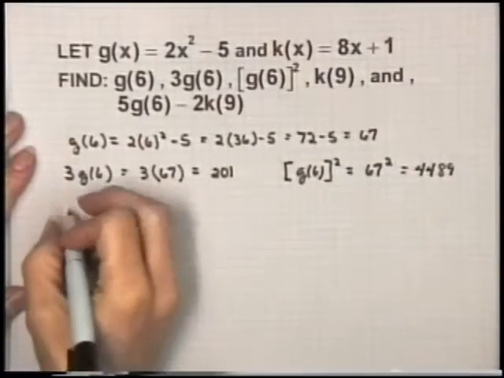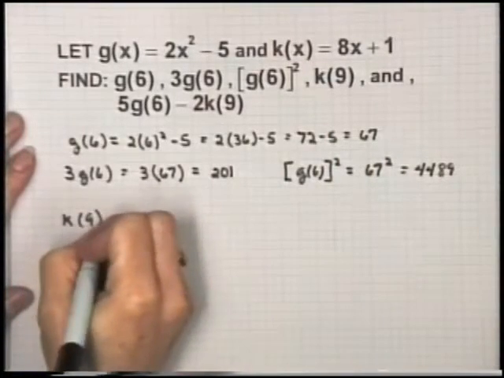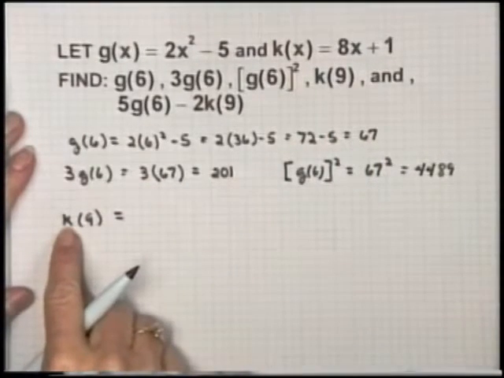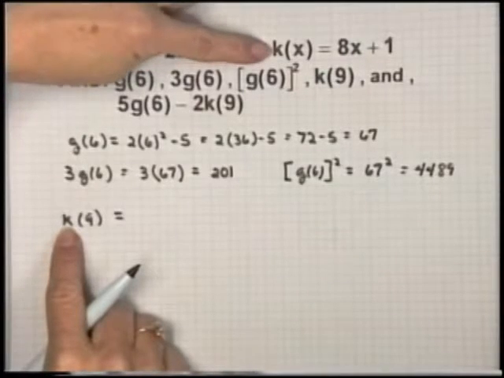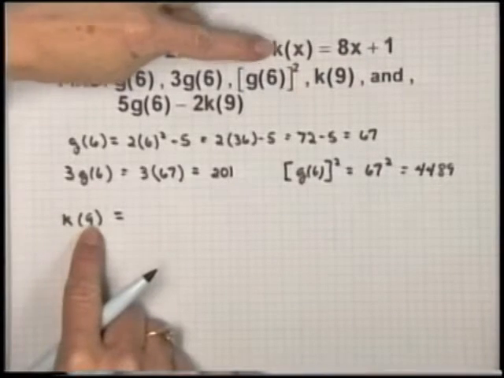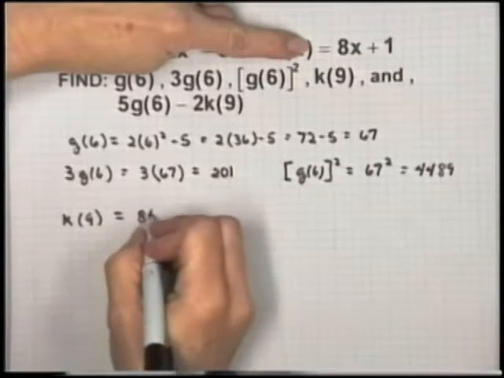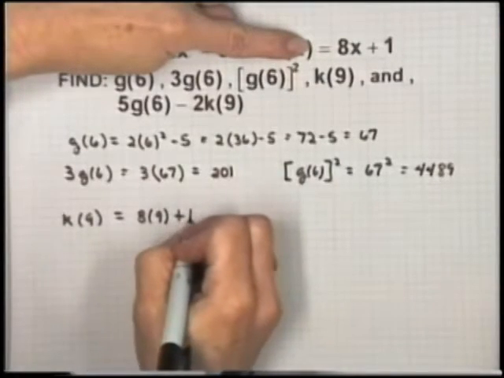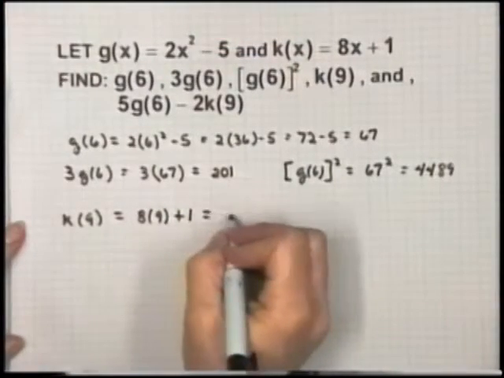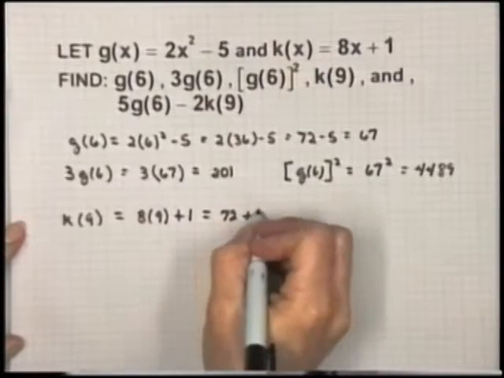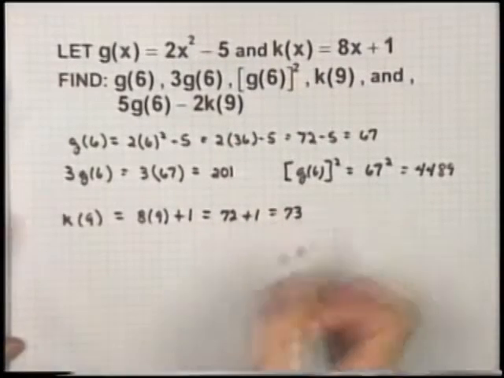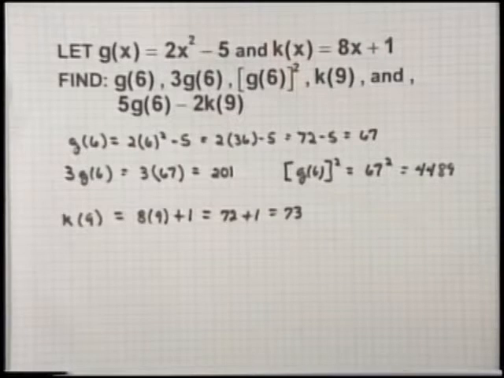Okay, K of 9. K of 9 means we're going to function K, that's this one, and we're replacing X with 9. So I have 8 times 9 plus 1. Of course, 8 times 9 is 72 plus 1 gives me 73.